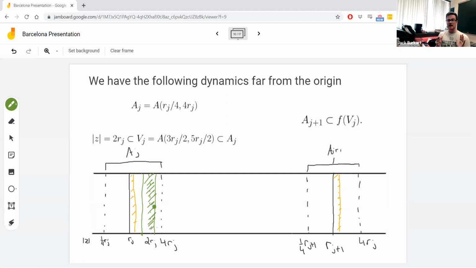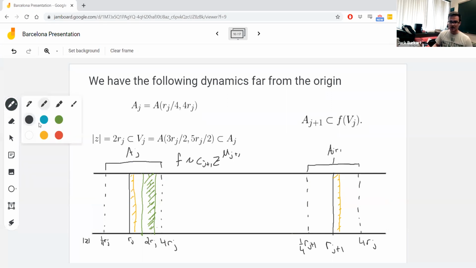Now, if we imagine that f was just a monomial, then the image of this round annulus would be another round annulus. And if we choose j really large, so that phi is close to the identity, the powers are going to be massive. So that means that this annulus is going to be expanded in a really large way.